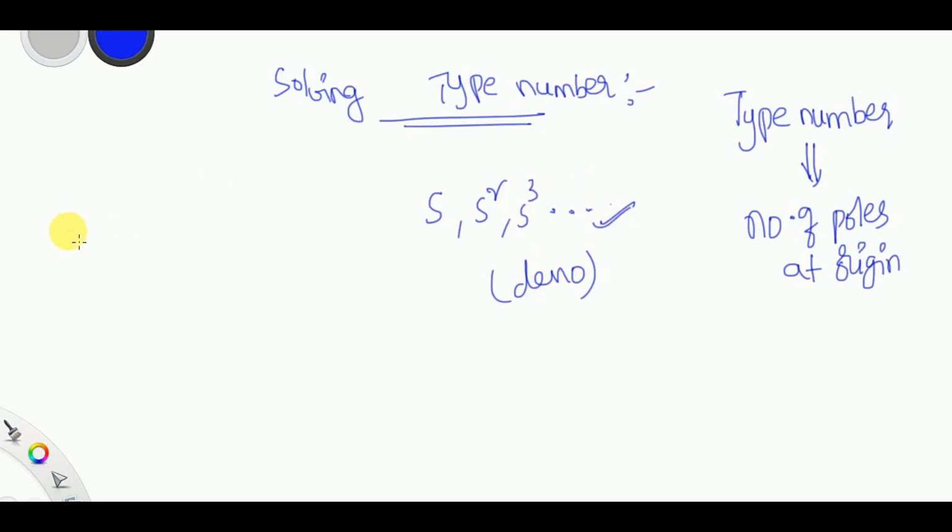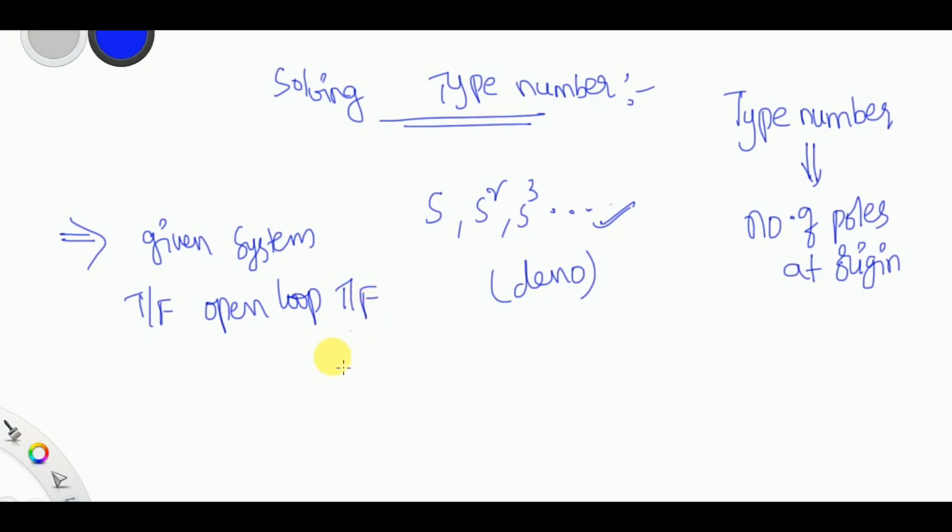Two more important points that one should keep in mind while solving problems on type number: the given system transfer function should be the open loop transfer function. If T of s is given, I already said this is the closed loop transfer function, so you should find G of s from T of s, because these two are the standard notations used in control systems.